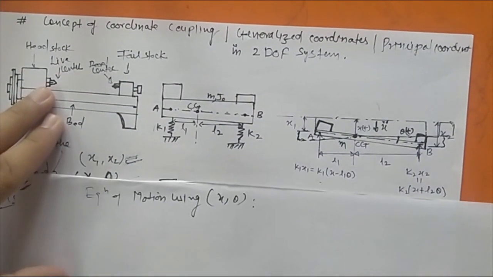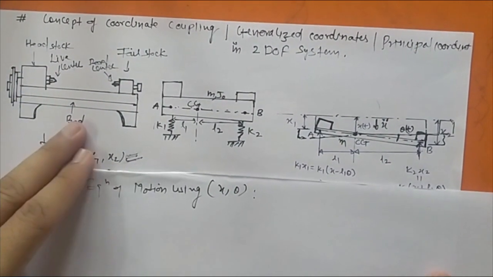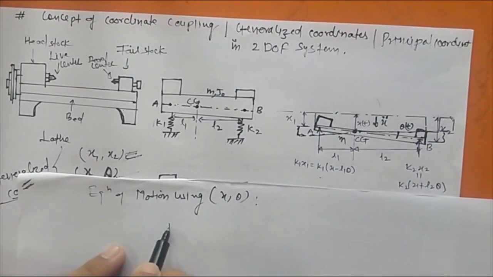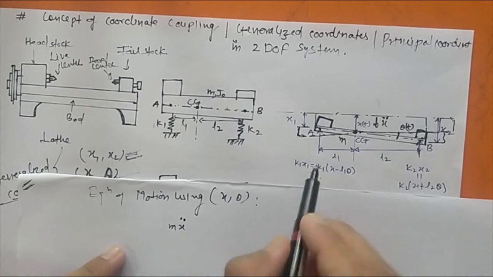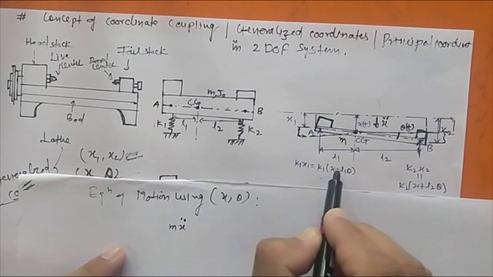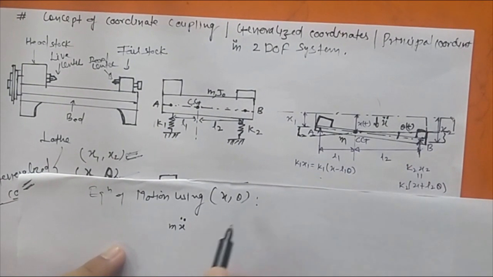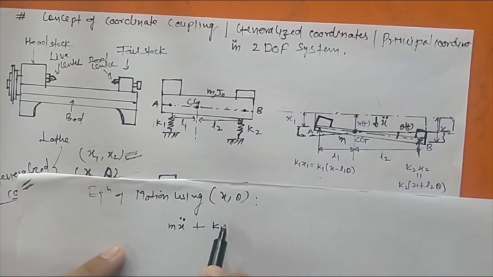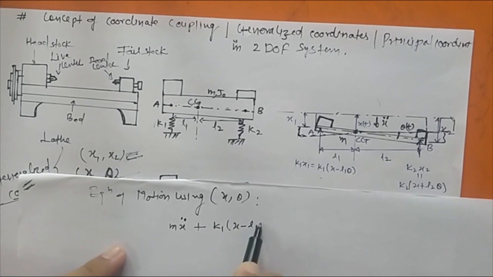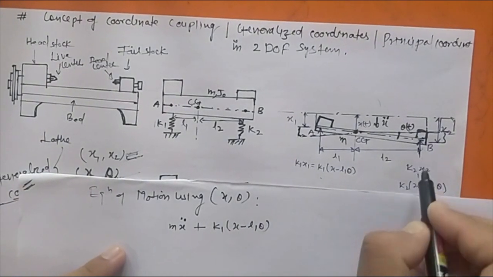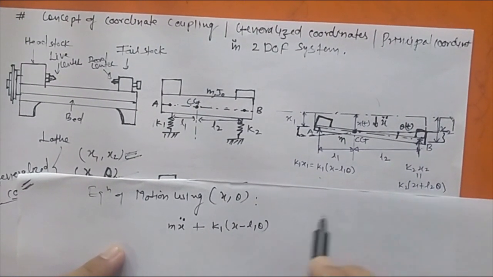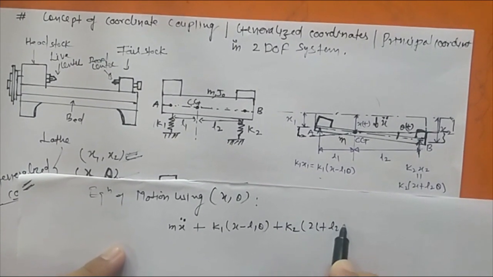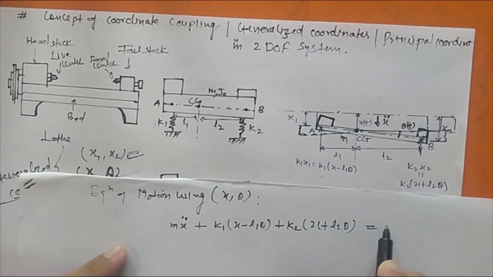Now using Newton's second law we can balance all the forces. So m x double dot is acting in the upward direction. Second, k1 (x minus L1 theta) is also acting in the upward direction. And at point B this is k2 (x plus L2 theta), so m x double dot plus k1 (x minus L1 theta) plus k2 (x plus L2 theta) is equal to 0.